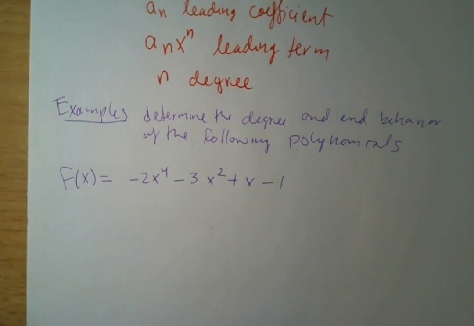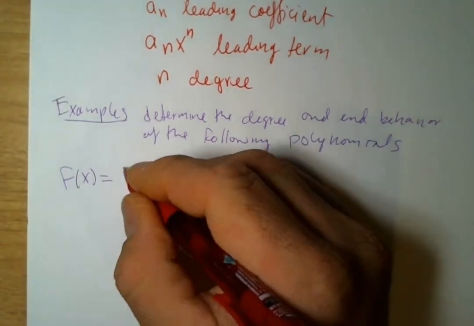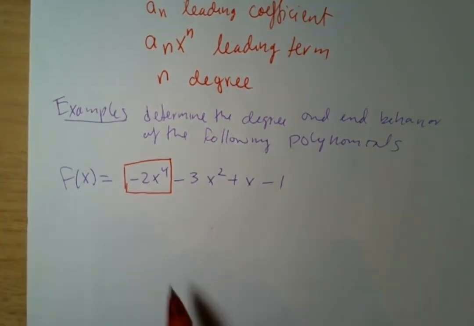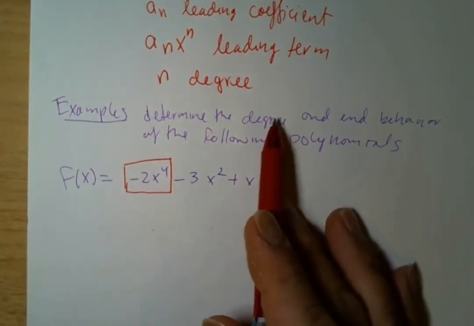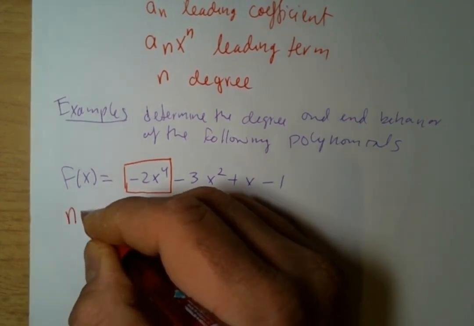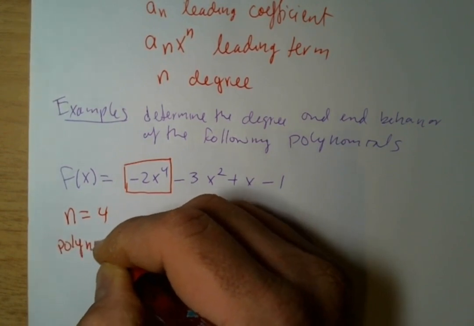Now when we're dealing with degree and end behavior, really what we're going to focus on is the leading term. This is going to tell us all of the information for both of these quantities. So from this, n is 4, so we have a polynomial of degree 4.